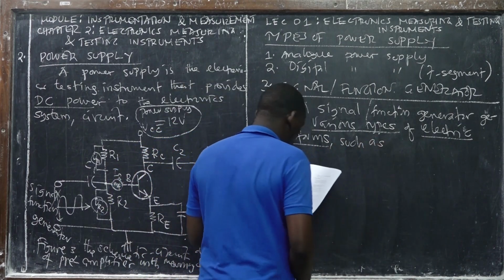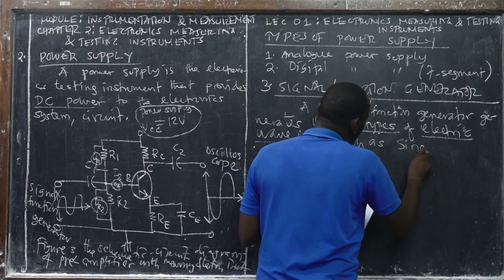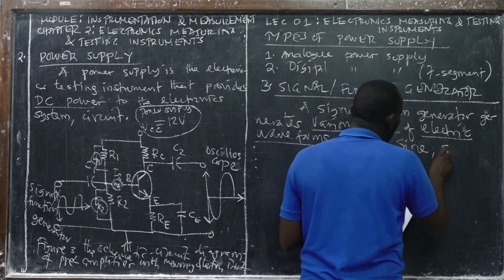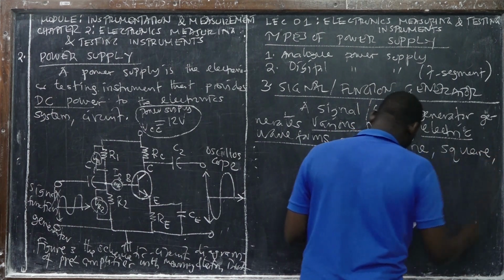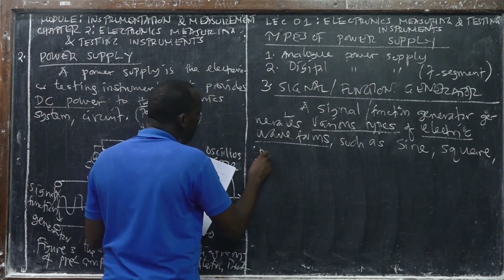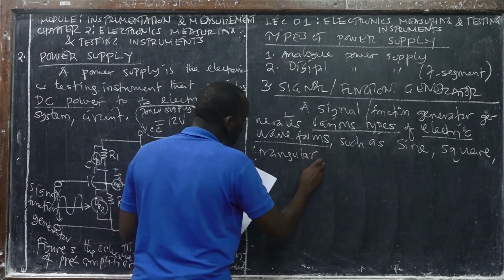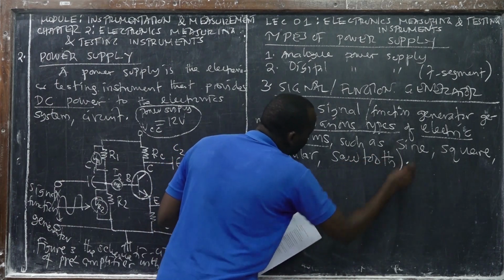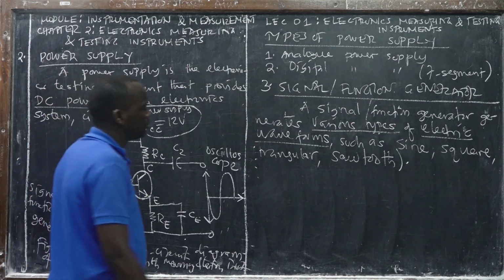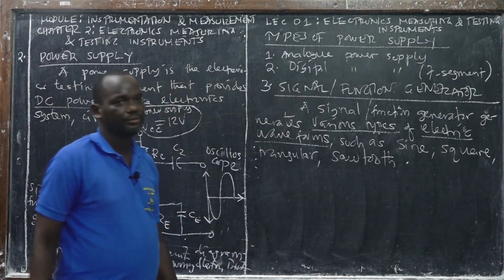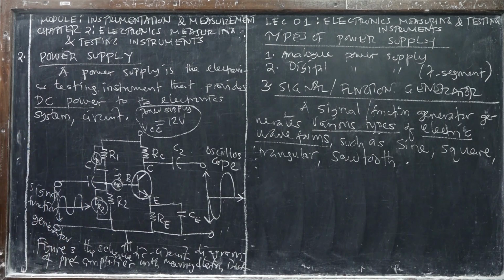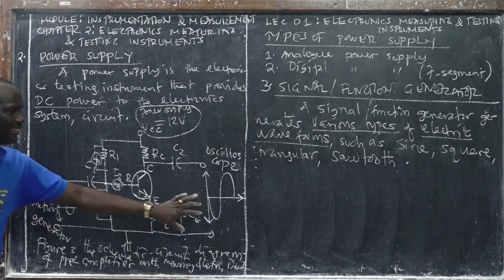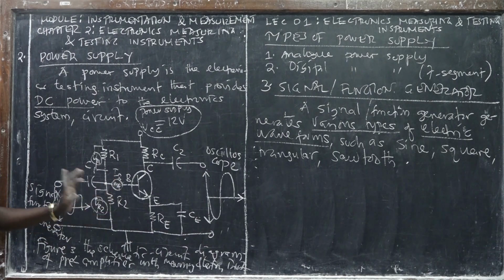Such as what? Sine signal or sinusoidal signal, square signal, triangular signal, or sawtooth. This is a sinusoidal signal. It's a sine function. It means the nature of the waveform is a sine function.